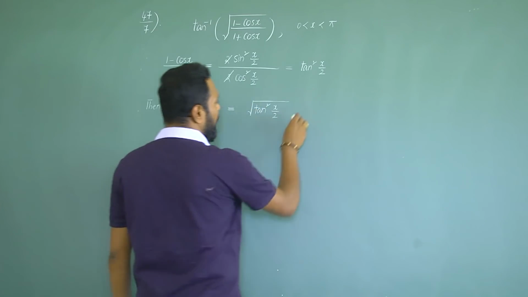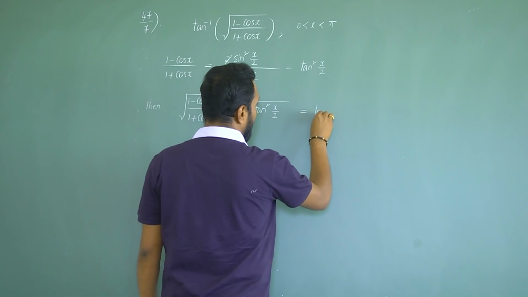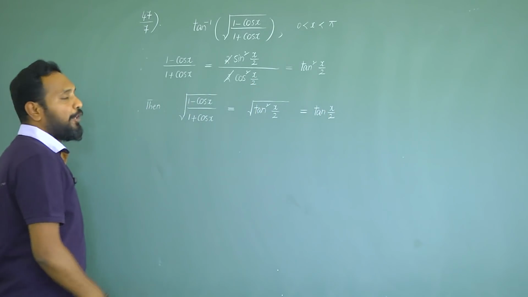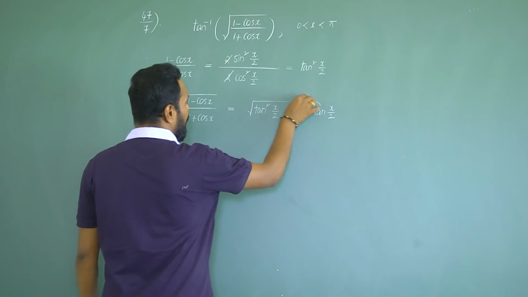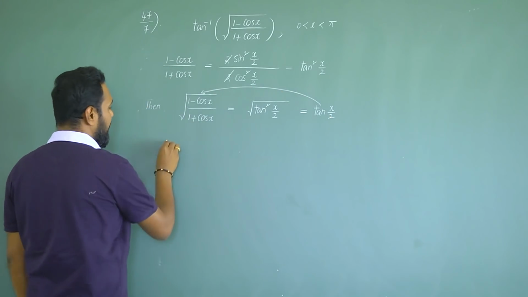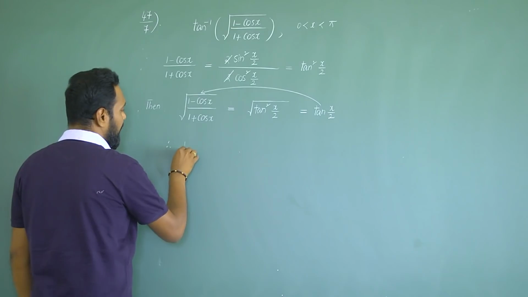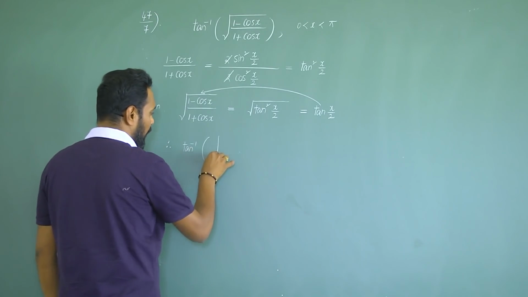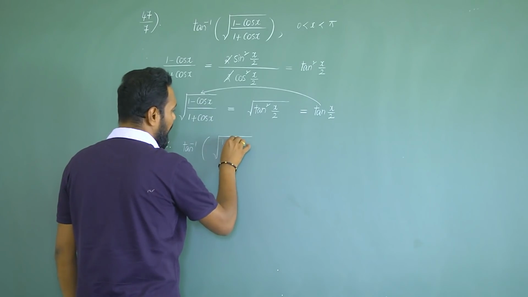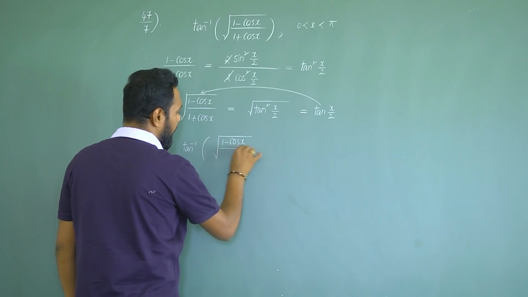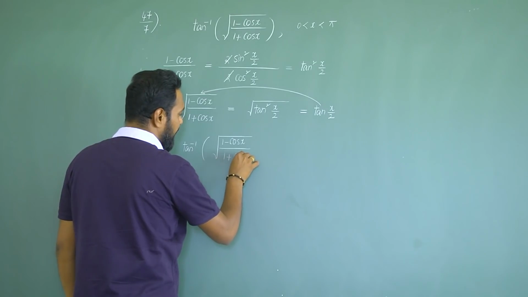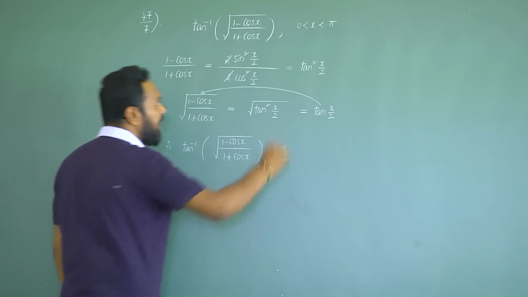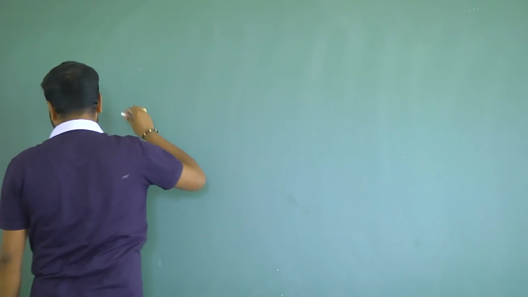If I cancel the square and square root, this becomes tan x by 2. If I take this tan function to the left-hand side, then the required case you will get: tan inverse of square root of 1 minus cos x by 1 plus cos x equals x by 2. You will get this as the answer.